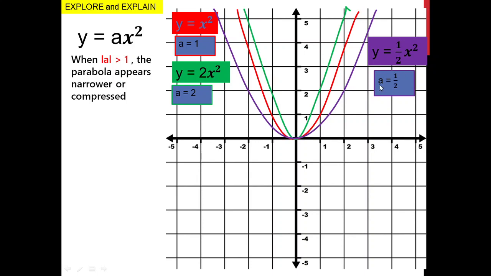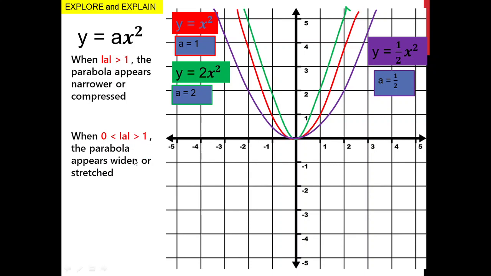Still, since our a values here are positive, the opening of the parabola will still be upward. But try to observe the behavior of the parabola. When the absolute value of a is greater than 1, the parabola appears narrow or closer to our y-axis. But when a is less than 1 but not equal to 0, the parabola appears wide.